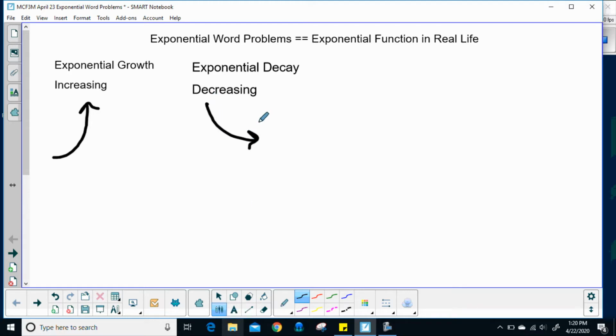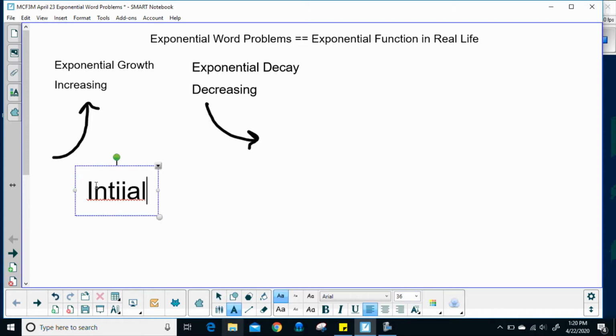Okay. In our word problems, we're going to have to worry about various bits and pieces. We're going to have to worry about our initial values, and we're going to have to worry about how it's changing and when it's changing. So initial values, well, those are just our y-intercepts.